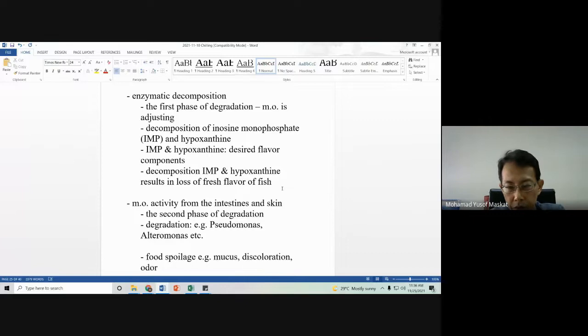If it is fresh, we say, oh, this is rasa manis. But actually it is not due to sugar; the sweetness or freshness is due to IMP and also hypoxanthine. But when the seafood starts to degrade, IMP and hypoxanthine will be decomposed, which results in the loss of fresh flavor for the fish.